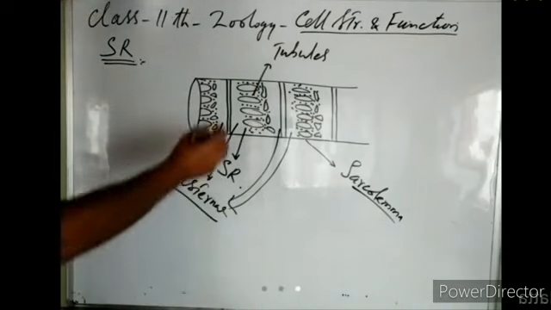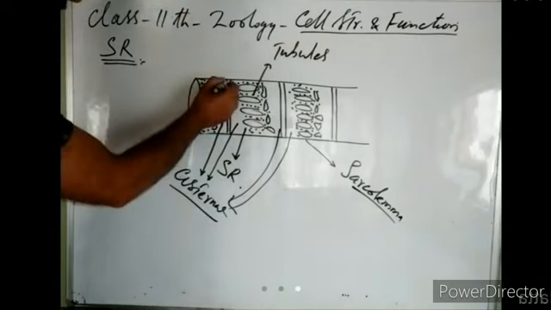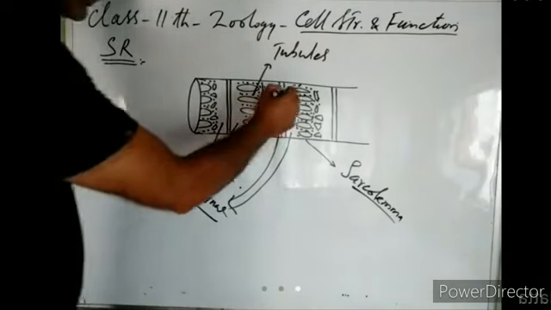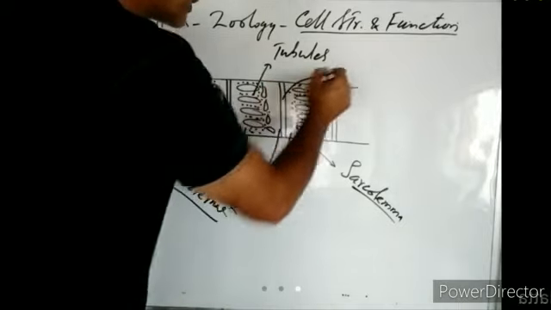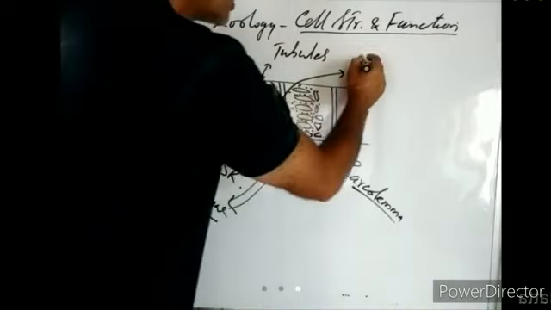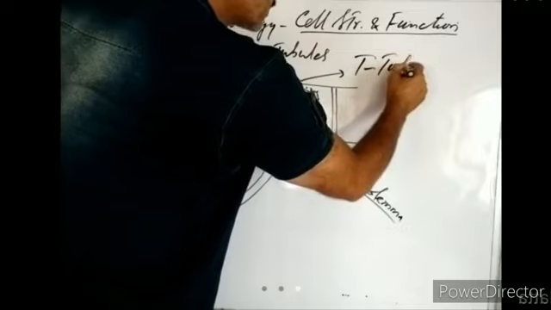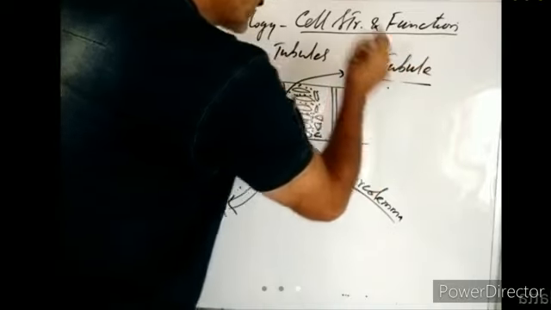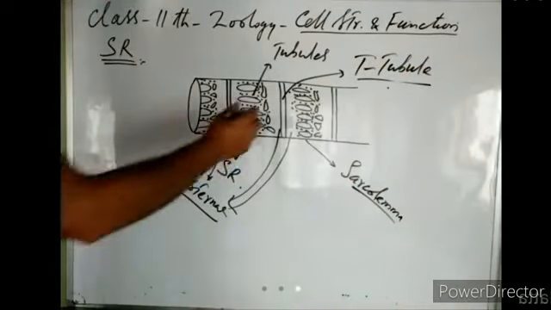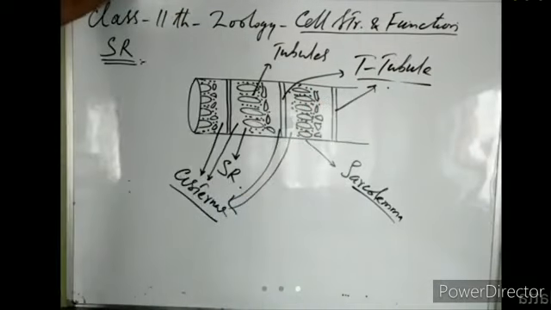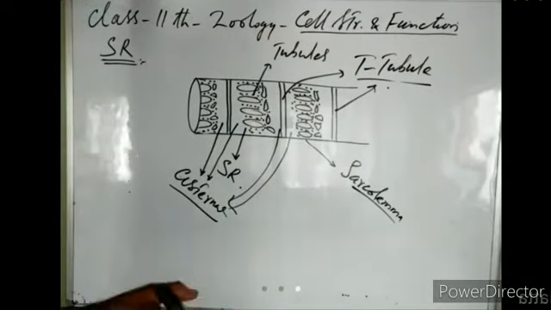In the center of the cisternae, there is a groove-like structure, which is known as the T-tubule. This is one T-tubule, this is another T-tubule.